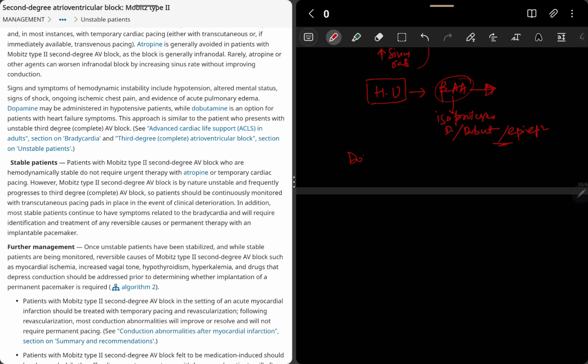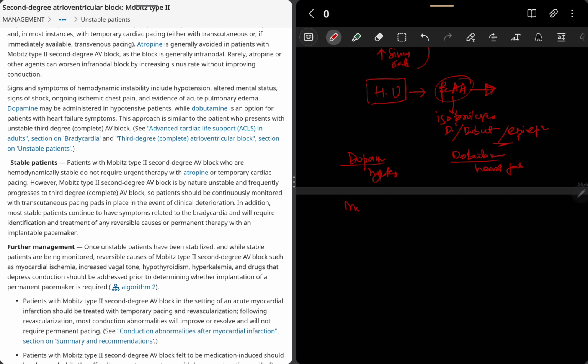Why do we use dopamine and why do we use dobutamine? Dopamine is to be used in hypotensive patients, but dobutamine is to be used in heart failure patients.